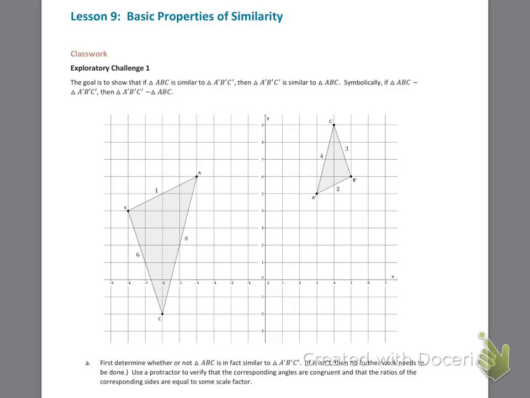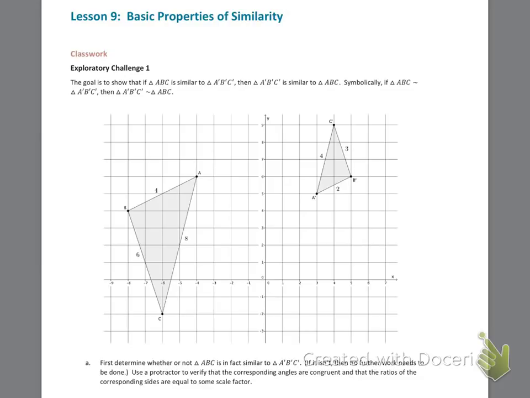Now we learned in lesson 8 that we can do these in any order, but since this exercise is asking me to do the dilation first, I'm going to do that. Okay, so I'm going to do a dilation from center O, with a scale factor of 1/2. And the reason I know to use 1/2 is because we just checked all the ratios of the side lengths, and 1/2 was that ratio.